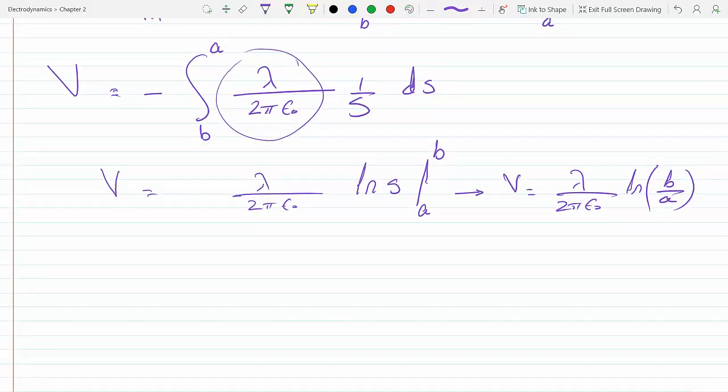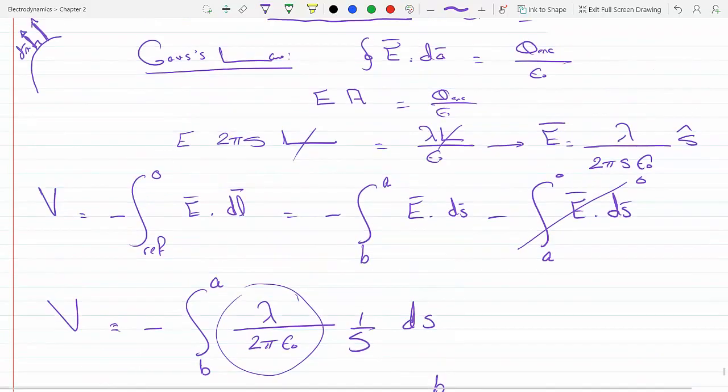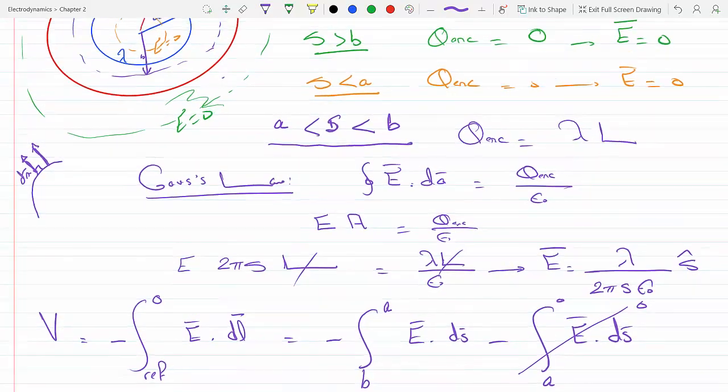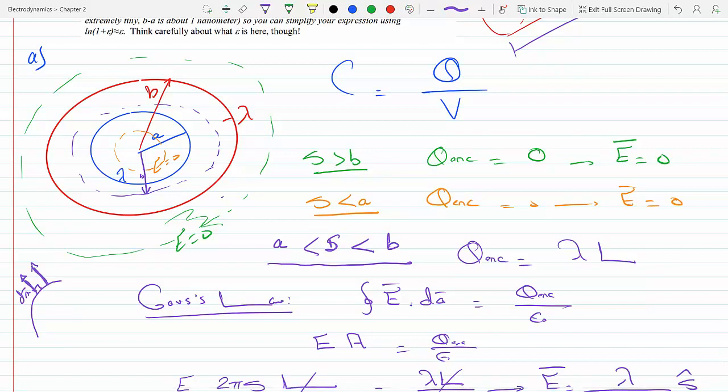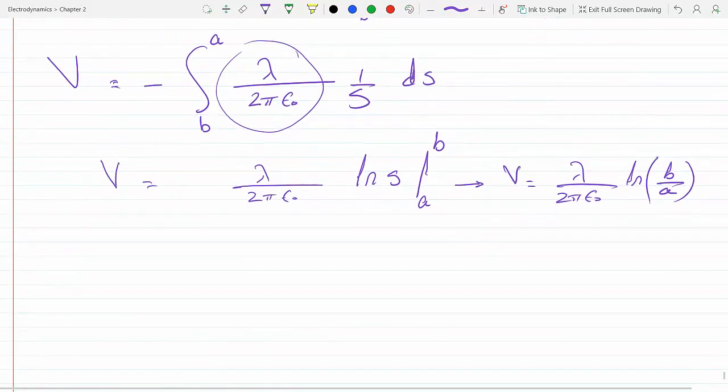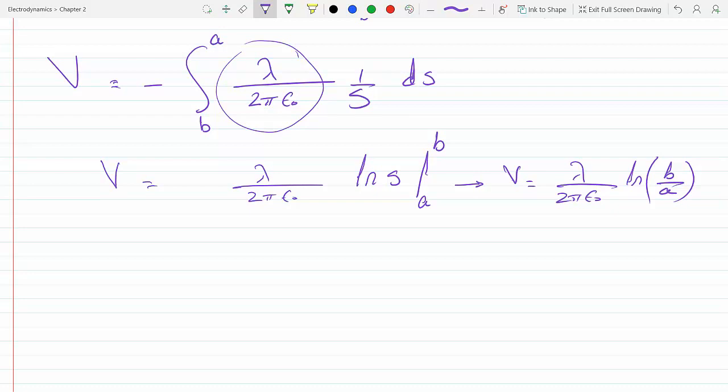Now, we know that the capacitance is Q over V, so I need to get Q in this equation, and that's easy. I could just replace lambda by Q times L, so then V equals QL over 2 pi epsilon, ln B over A. And now I could just take the ratio.